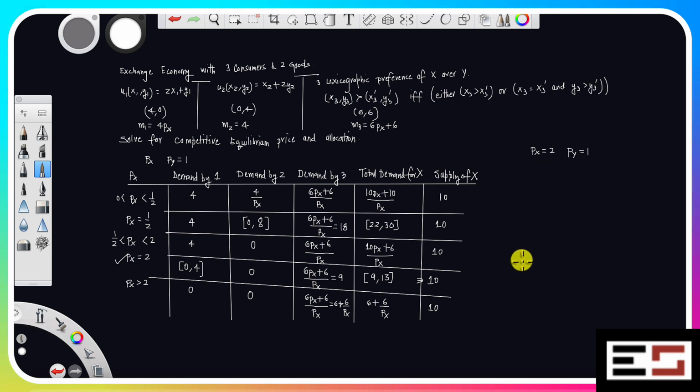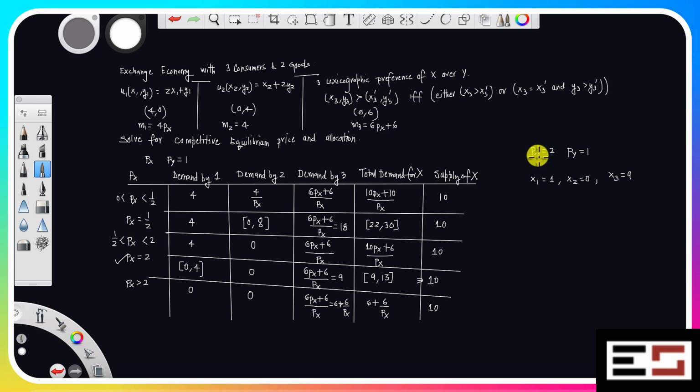And what is the corresponding allocation? Notice that x3 is 9. What about x1? x1 is 1, x2 is 0. So this is the consumption of x by the three consumers: x1 is 1, x2 is 0, and x3 is 9. Let us figure out the corresponding y values.